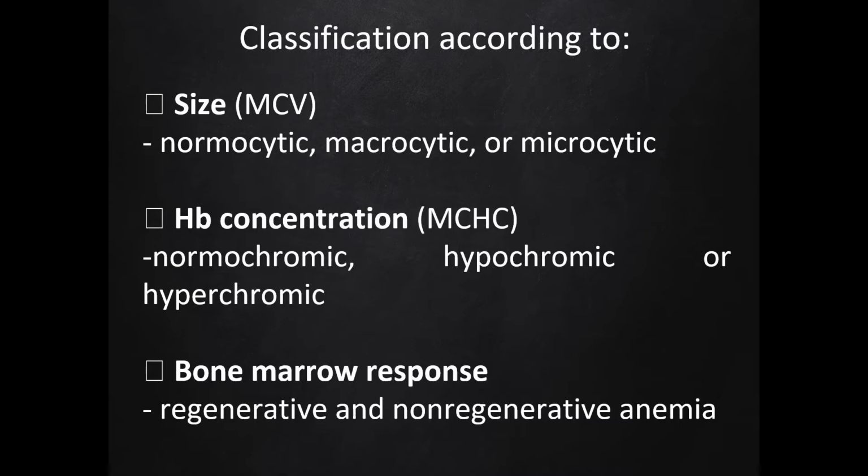And also bone marrow response. There are two important means of identifying it, regenerative and non-regenerative. One of the most important means to differentiate this is by the presence of reticulocytes.